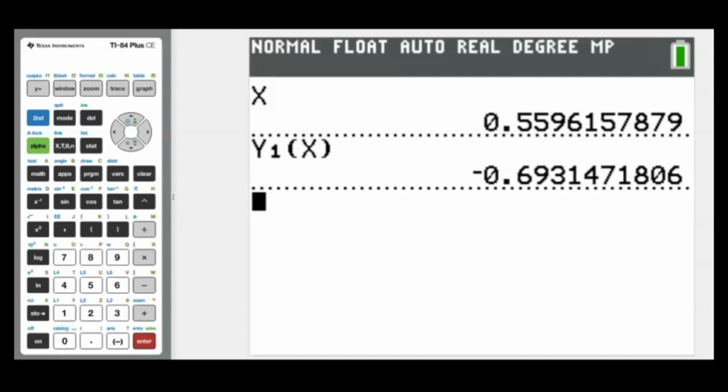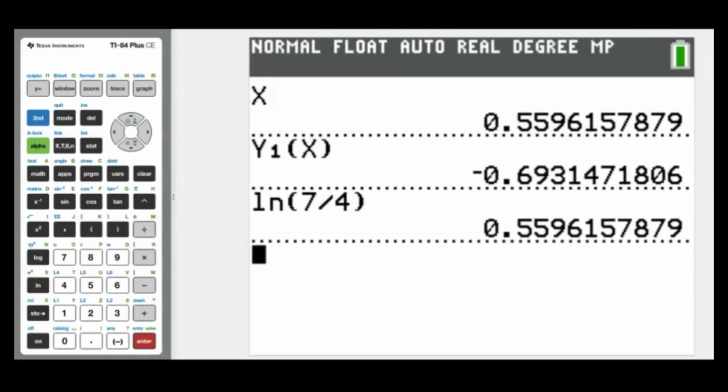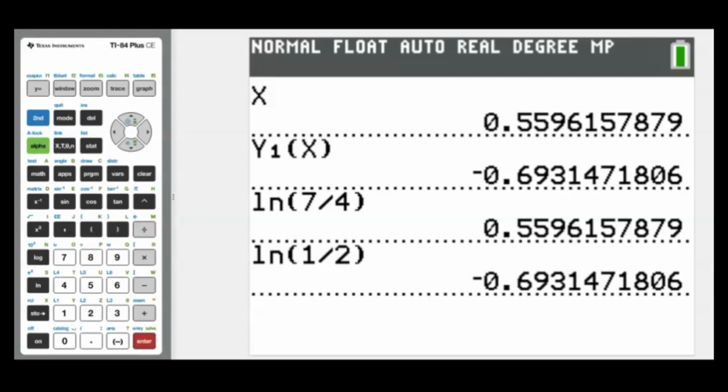We have the x-coordinate as being ln of 7/4, which is the same thing as our x, and then we got our y to be the ln of 1/2, which is also what the calculator gets. So that's a way that you can verify that we had the right answer to the equation.